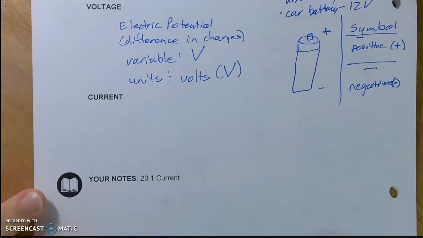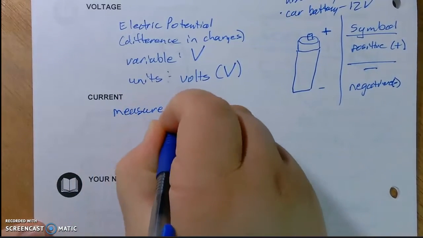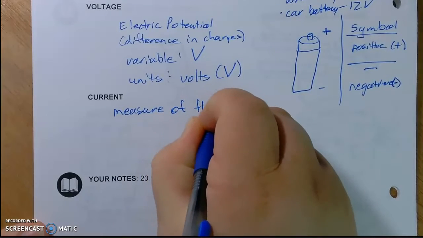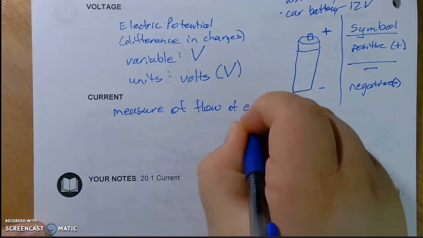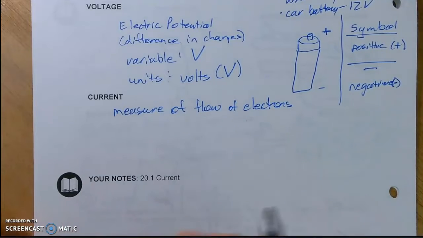Next idea is current, and current is the measure of the flow of electrons. Now, the flow of electrons is interesting. The effect when you turn on a circuit is that it's almost instantaneous, right? Almost the speed of light. Well, that's not the electrons traveling at the speed of light.